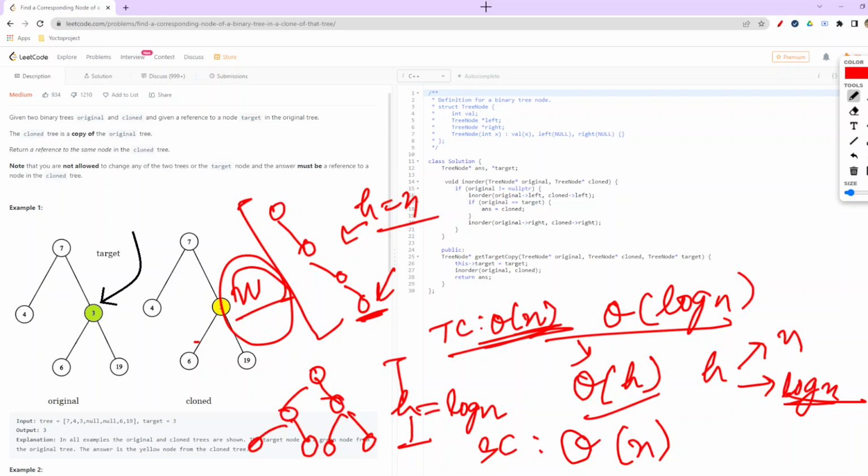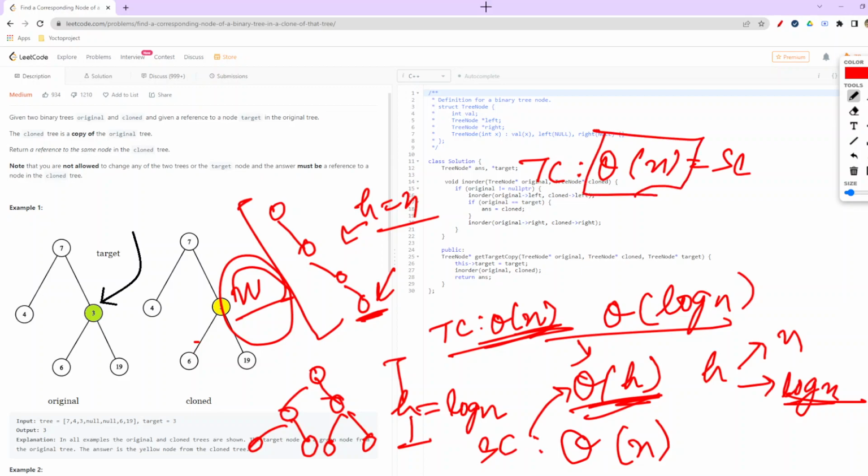In that context, the space complexity is again directly according to the height only. So both the time complexity and space complexity are basically the same here. So that's why it is order of n only.